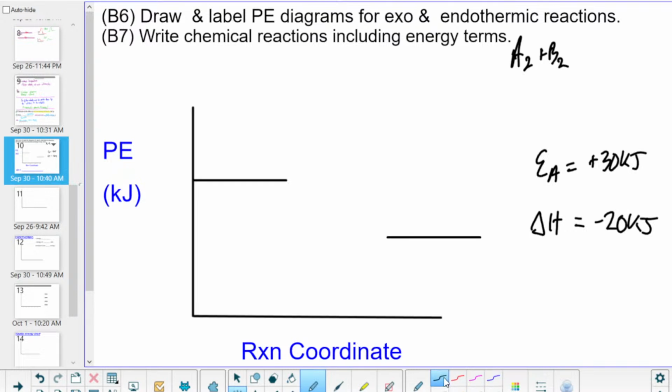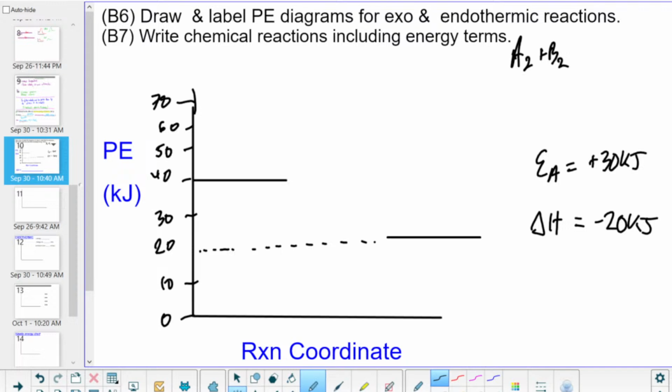We did this while you were gone. Okay, your potential energy diagram. It doesn't really matter what numbers you used as long as their differences are the same. So if I backfill this, I'm going to say that this is at 20. That will make this 10 and that 0. This is in kilojoules. That will make this 30, that 40, 50, 60, 70.